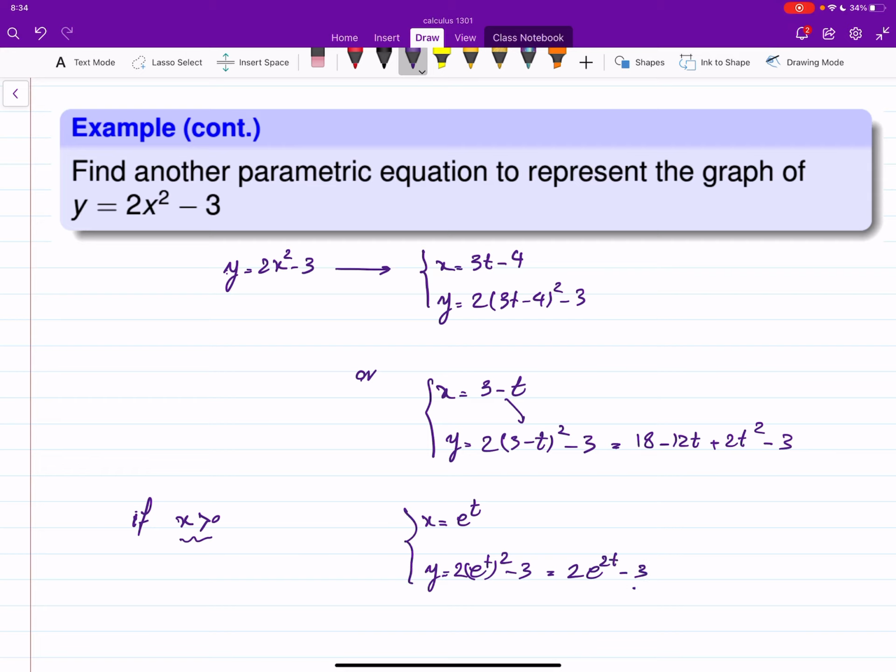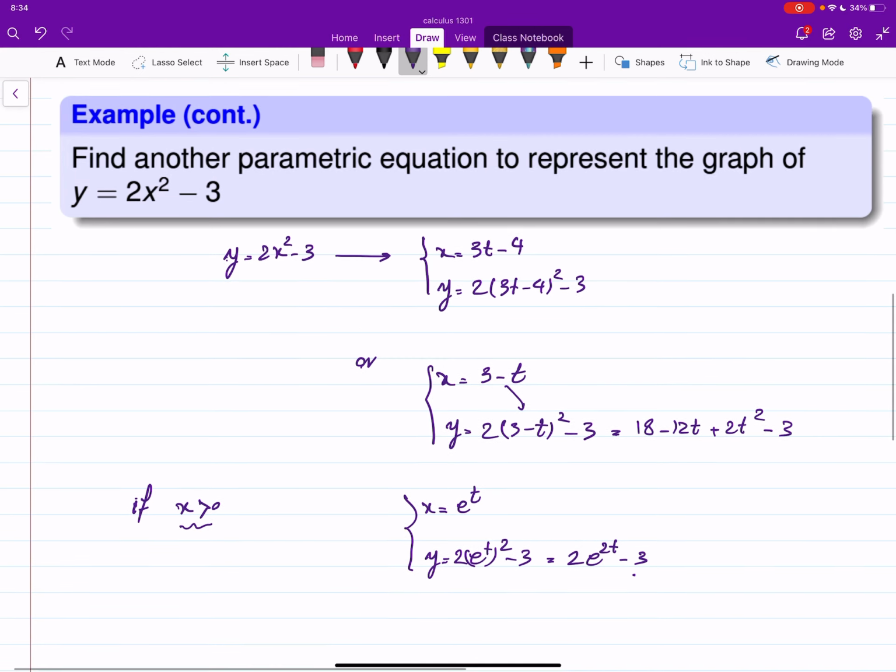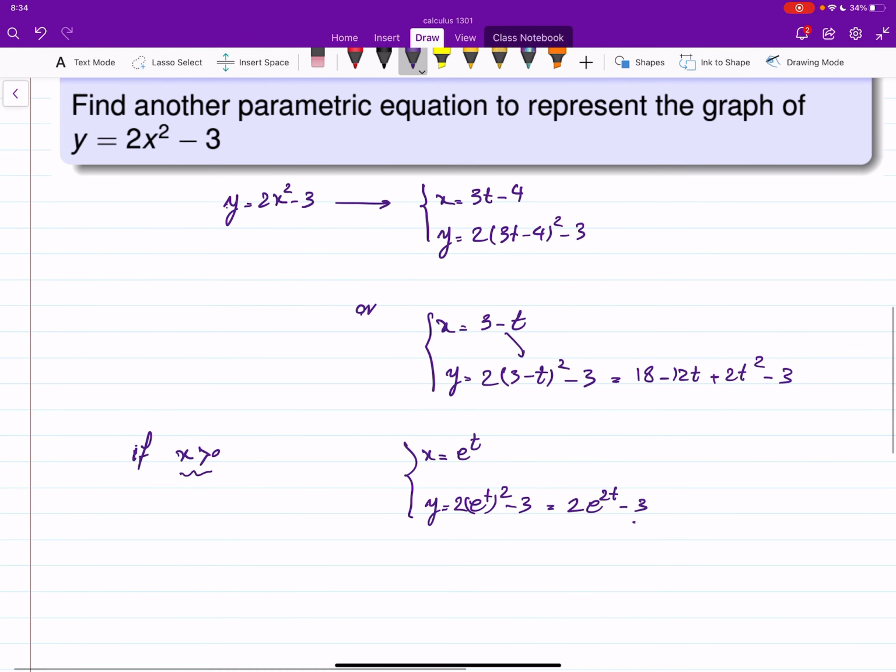These are all parameterizations of the same curve, but they are different parameterizations, as you can see. You have to note that the parameterization not only defines the curve, but it also defines a direction.